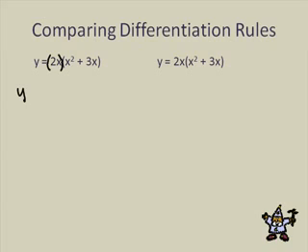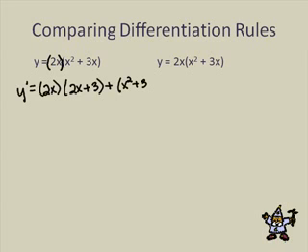So to get the derivative, we would take the first function times the derivative of the second plus the second function times the derivative of the first.